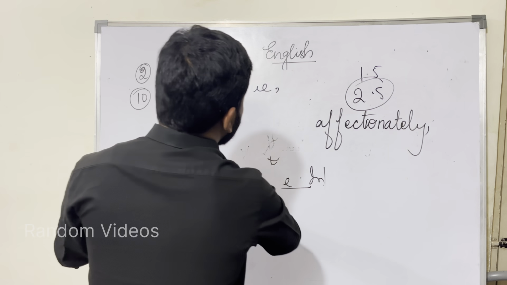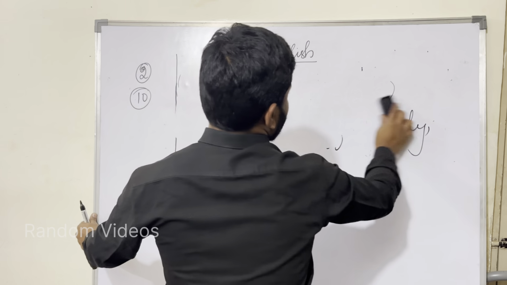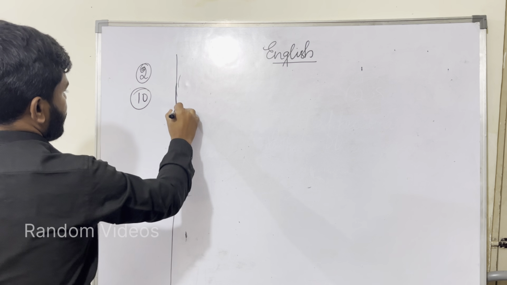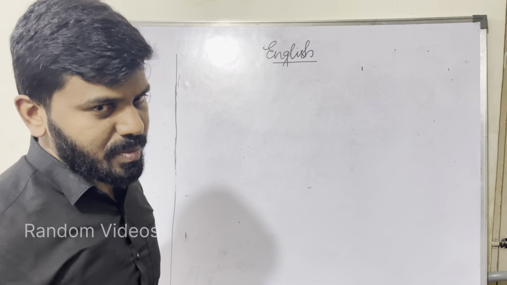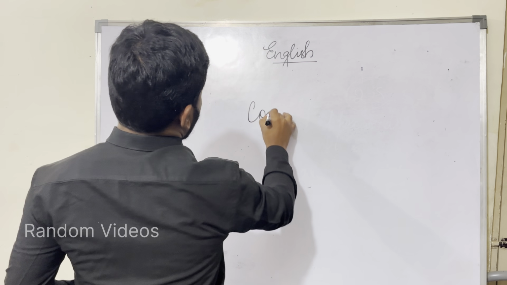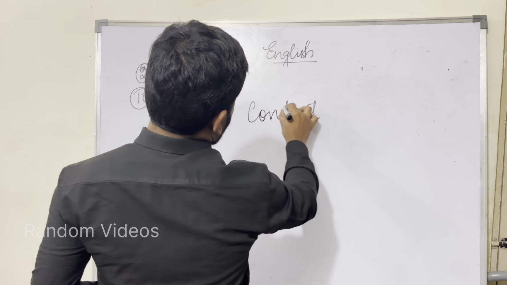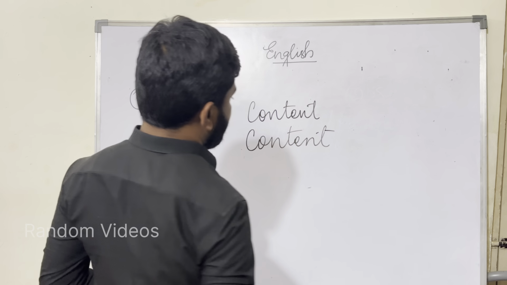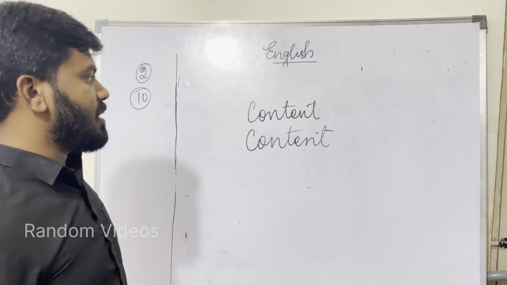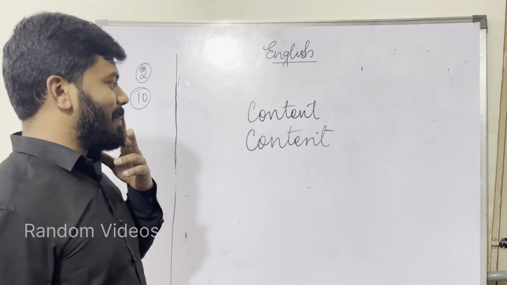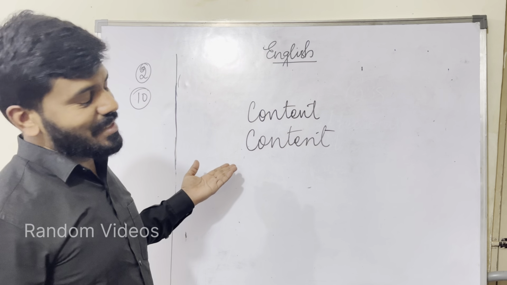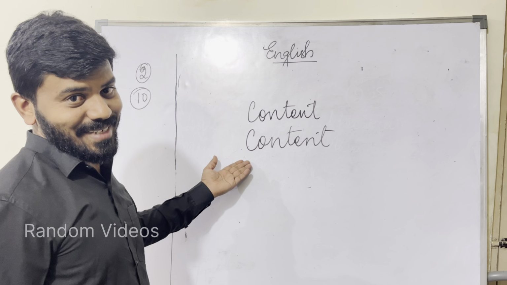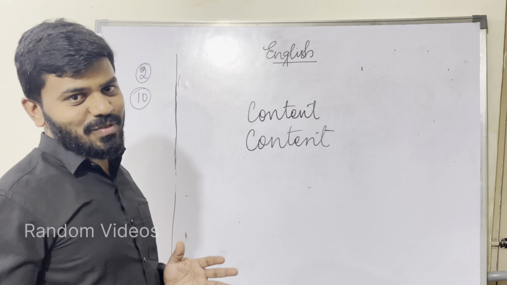Okay, now let us move to content. Content, yeah, this is for the correction. Even some of the teachers make mistakes while pronouncing these two words. There is no difference in the spelling. This is content, this is content. It depends upon the situation when you use it.